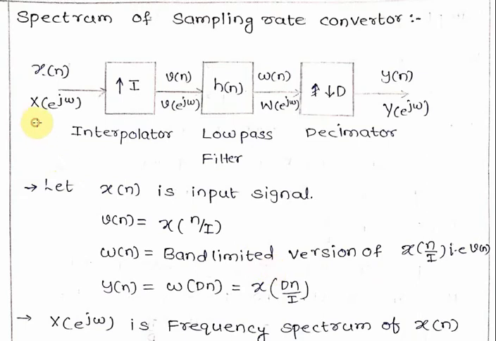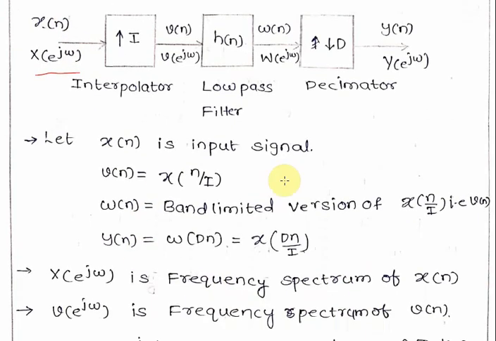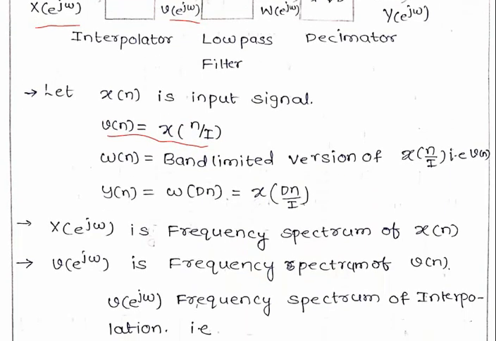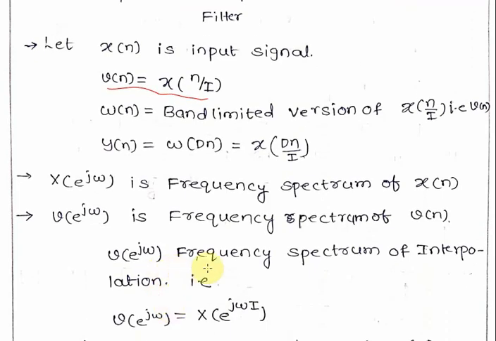Here X of e power j omega is the frequency spectrum of the input signal X of n, and V of e power j omega is the frequency spectrum of V of n, where V of n is the interpolation operation on X of n by I. That is, V of e power j omega is X of e power j omega I. This one we discussed in the spectrum of interpolation.